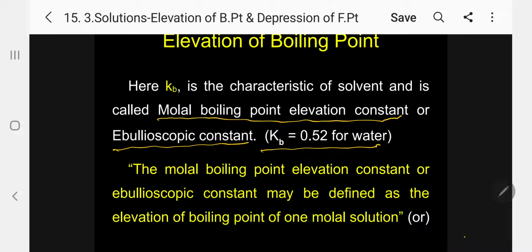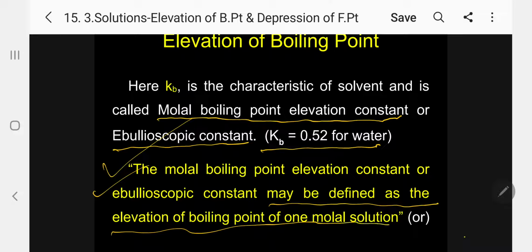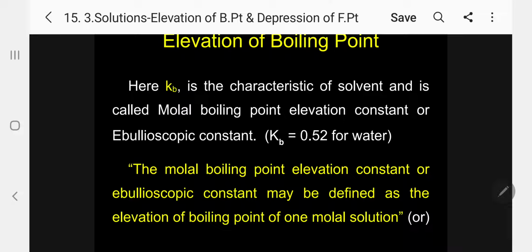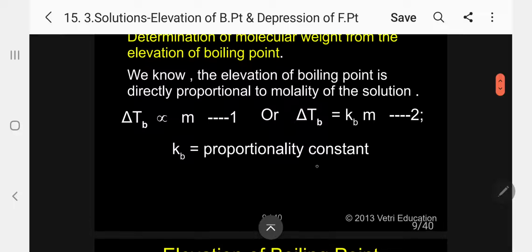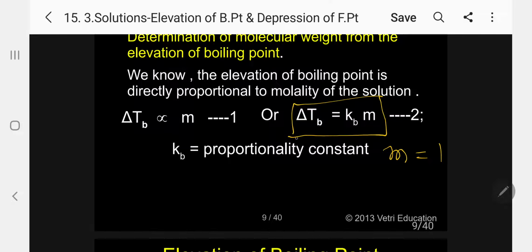Now I will define the molar boiling point elevation constant. Molar boiling point elevation constant or ebullioscopy constant may be defined as the elevation of boiling point of 1 molar solution. Kindly follow here. In this case, if m equals 1 in the equation, what is Kb?